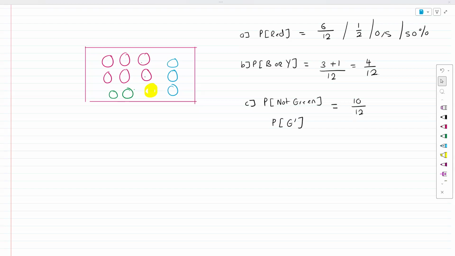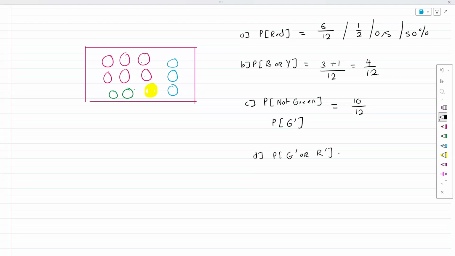Now this one is tricky. It is very, very tricky. But the probability of, okay, let's put this apostrophe, not green or red. Now, what does it mean?